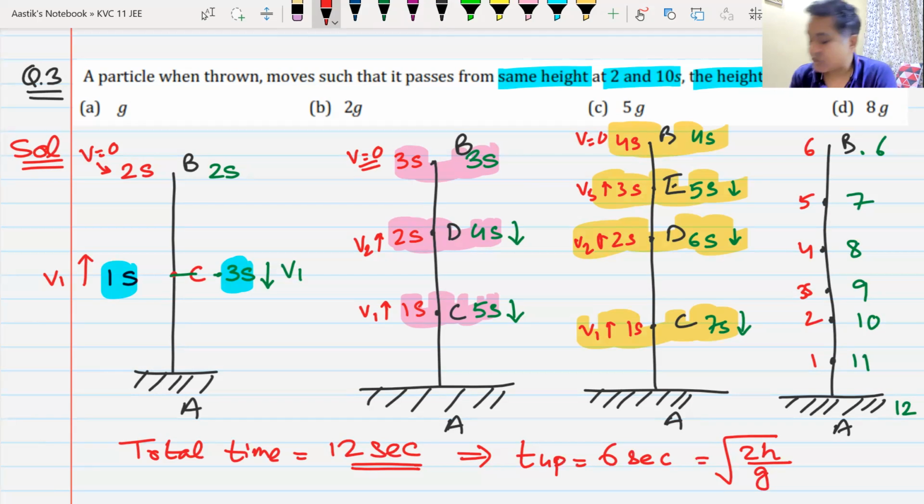And what is the value of h coming? I think it will come as 18g. There is a misprint in this. Probably the option would be like this: 10g, 12g, 15g, 18g.